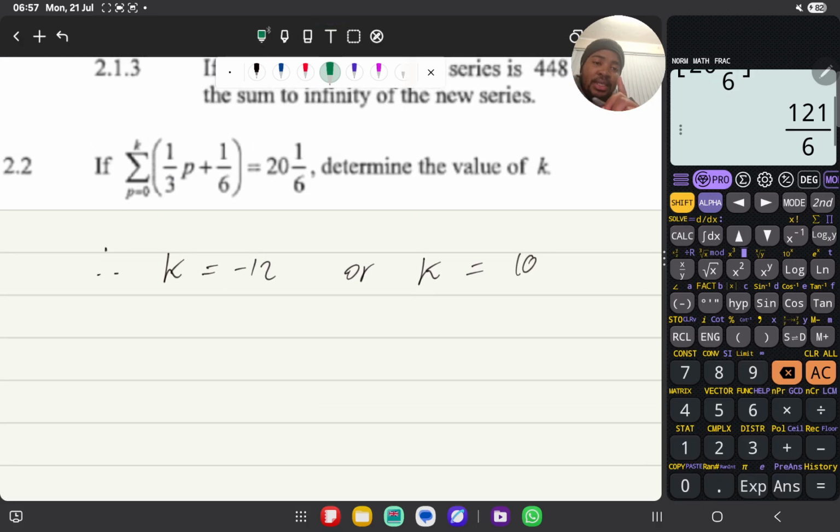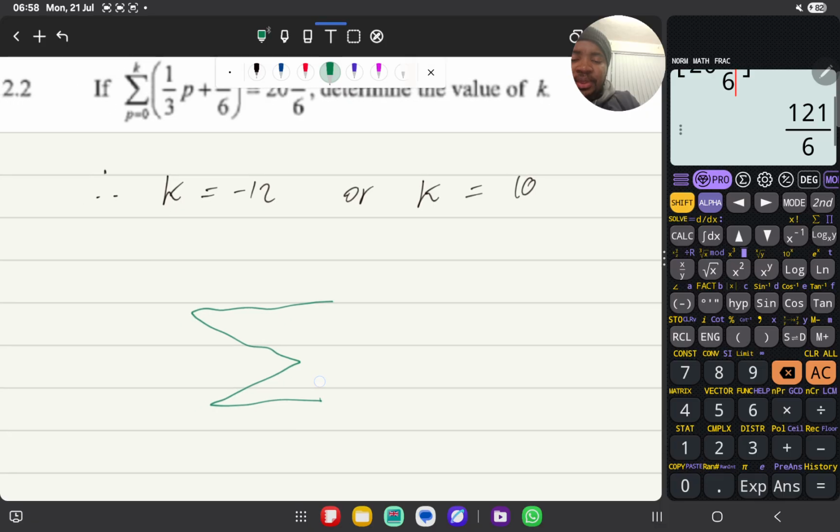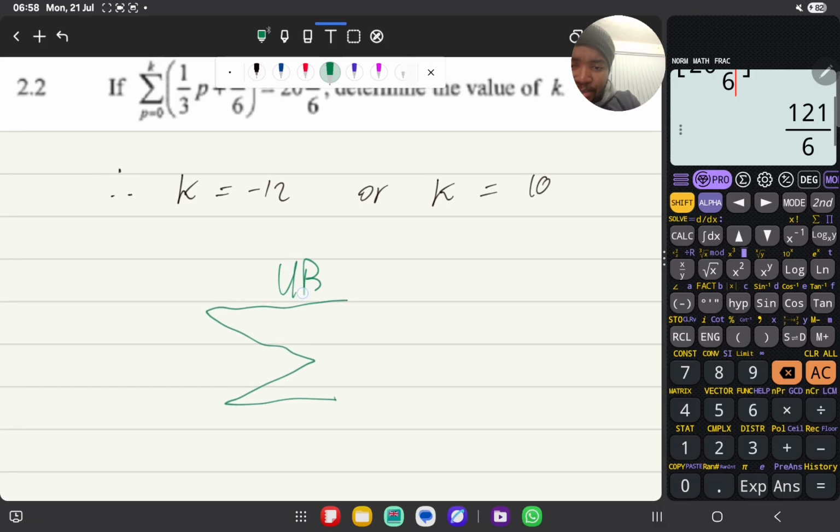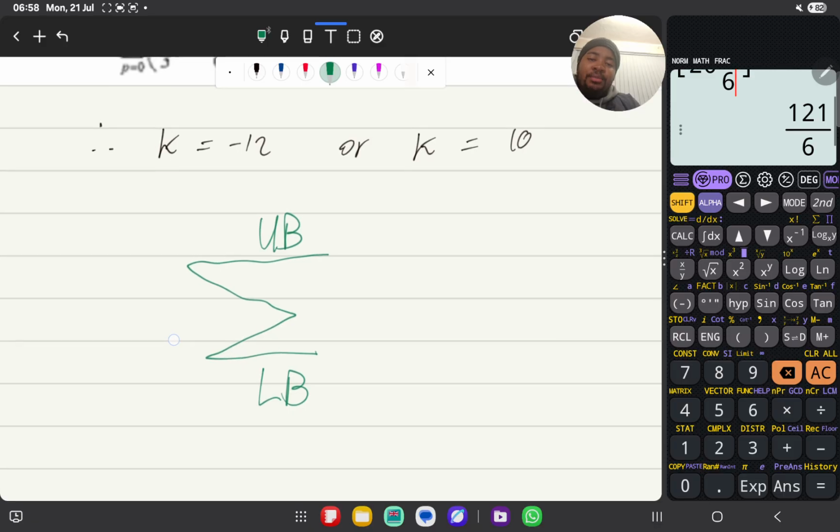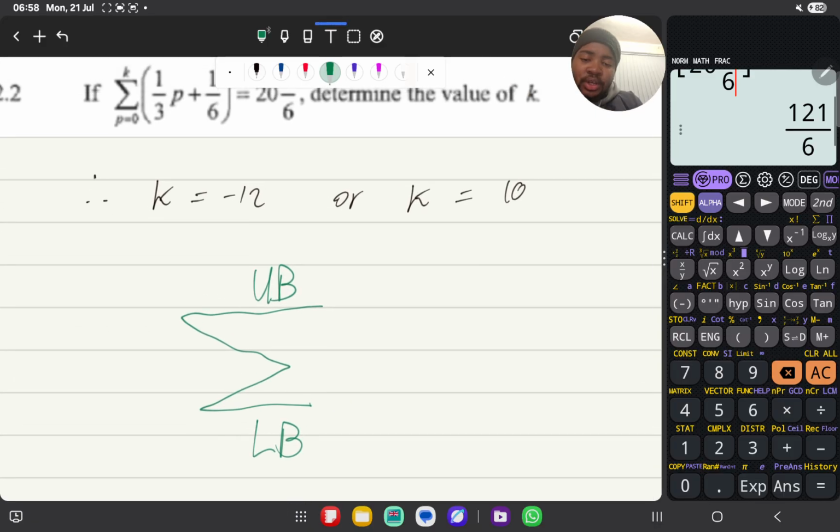Which one makes sense? You look at the question, or you don't even have to look at the question. Your sigma notation says this is the upper bound, this is the lower bound. So when you write your values, this is the lowest, where you are starting from, and this is the highest you would go.